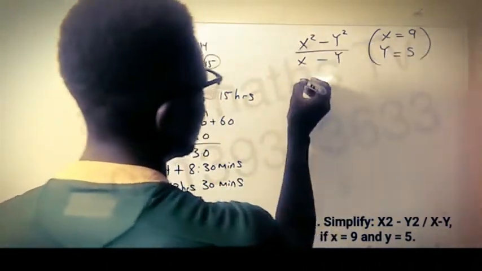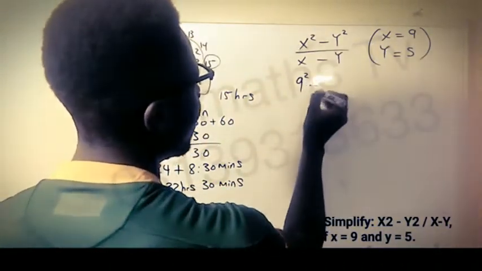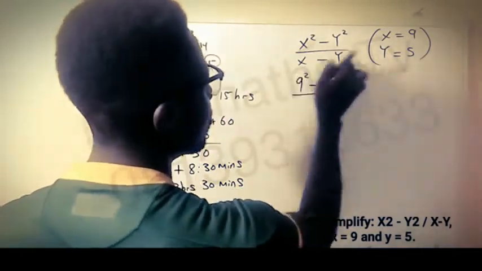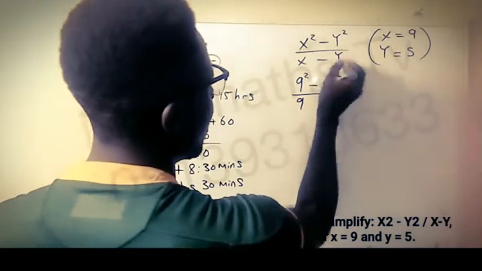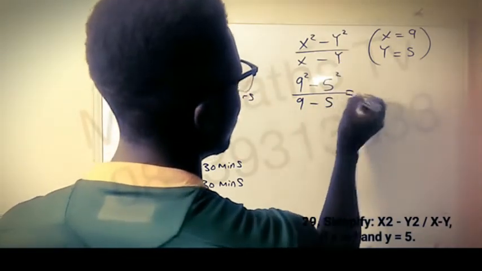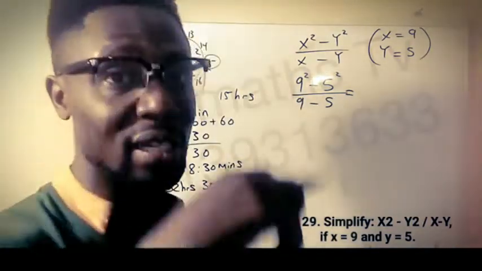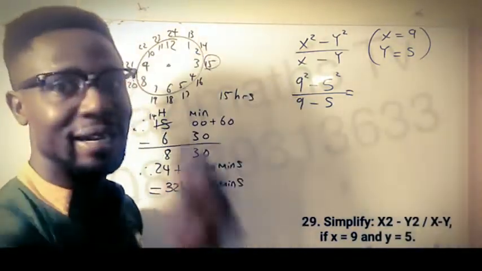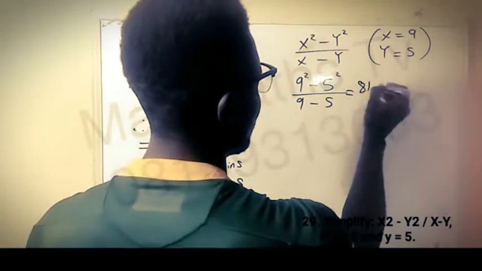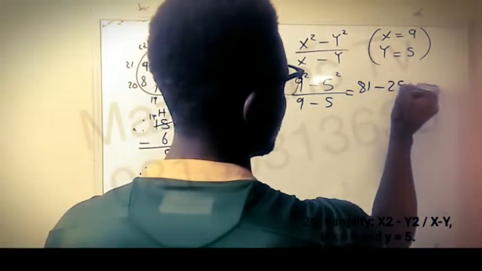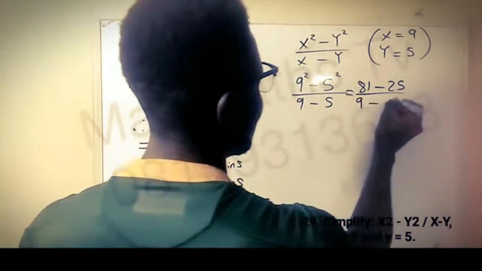X is 9, that is 9 raised to power 2, minus y is 5, that's 5 raised to power 2, then over x minus y. X is 9 and the minus y is 5. Okay, x raised to power 2, that is 9 times 9. Okay, don't say 9 plus 9, it is 9 times 9, and 9 times 9 is 81, minus 5 raised to power 2 is 5 times 5, and that is 25, over 9 minus 5.